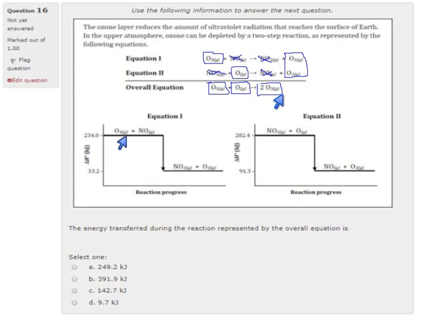And they say this first reaction has, well, they're asking about the energy transfer, meaning the delta H's, and they give us the delta H's, but very indirectly here. For the first reaction, they say we start at 234 kilojoules, we fall down to 33.2 kilojoules. How much of a difference is that?